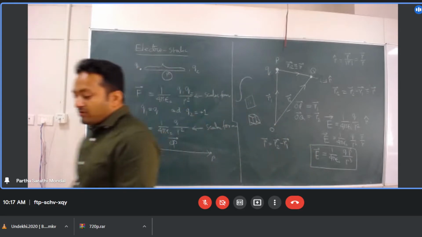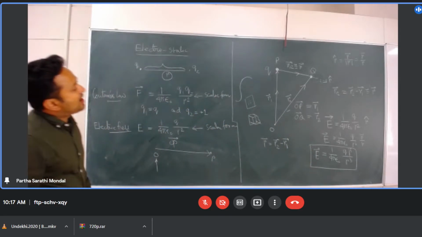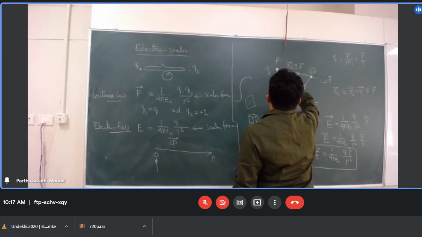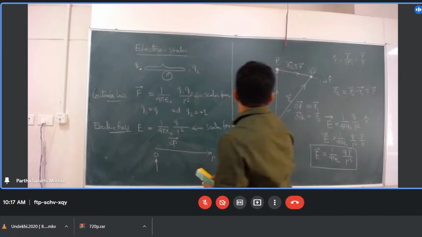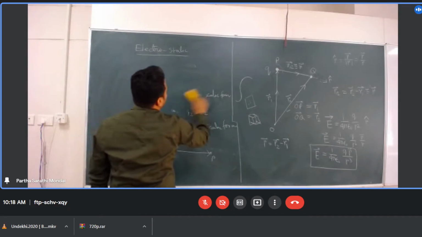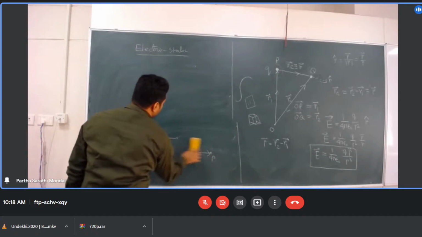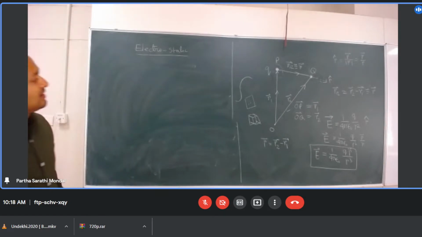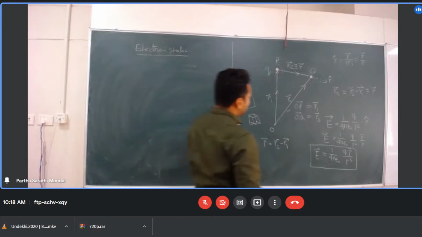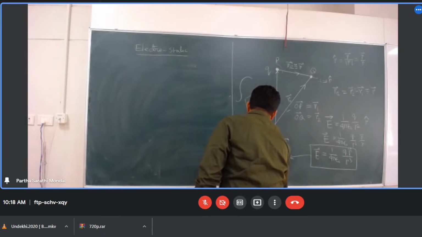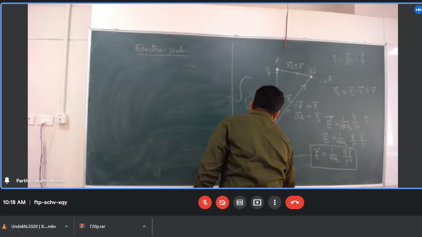Okay, so now if I want to put a charge distribution here, then how will it look? Charge distribution क्या जानते हैं आप? Charge distribution तीन टाइप का हो सकता है. Linear charge distribution जैसे बताया. ये समझ में आ रहा है ना? So this is for point charge.